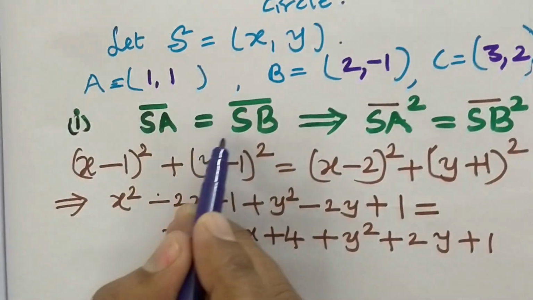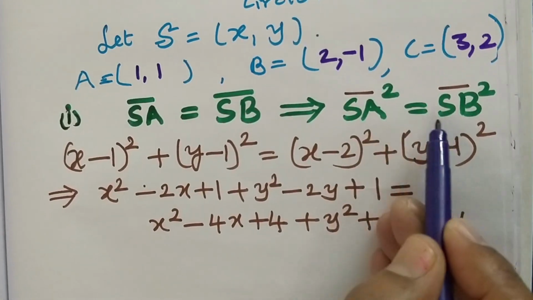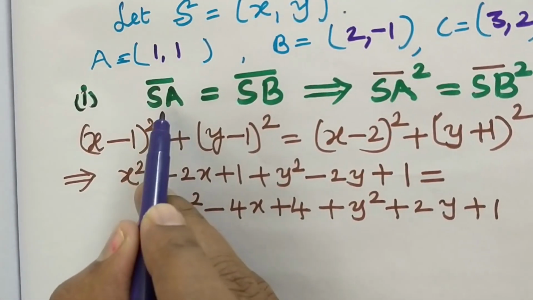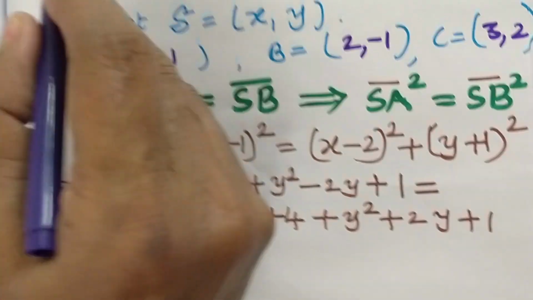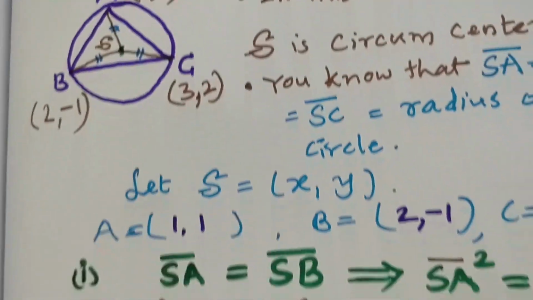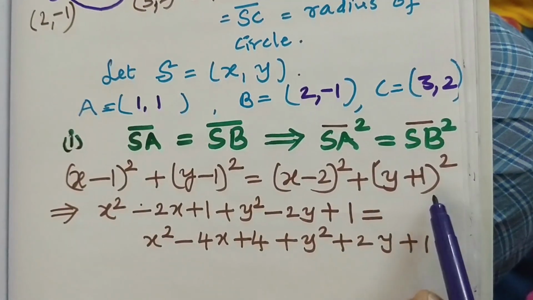SA is equal to SB. That means squaring, SA square is equal to SB square. This means the distance between S and A: (x - 1)^2 + (y - 1)^2 is equal to what is SB? That is (x - 2)^2 + (y + 1)^2.